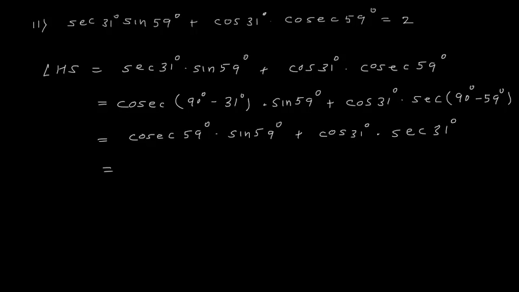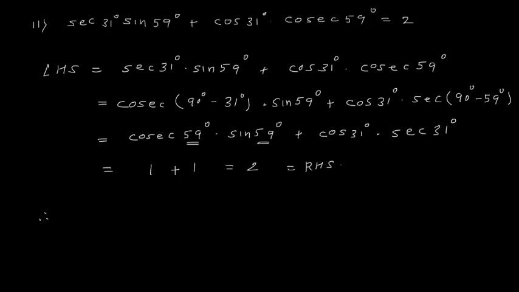Now cosec theta into sin theta is 1 and cos theta into sec theta is 1. Theta means some angle, so if this is 59, this also should be 59 to make this calculation 1, and similarly for this. So 1 plus 1 is 2, which is our right hand side.